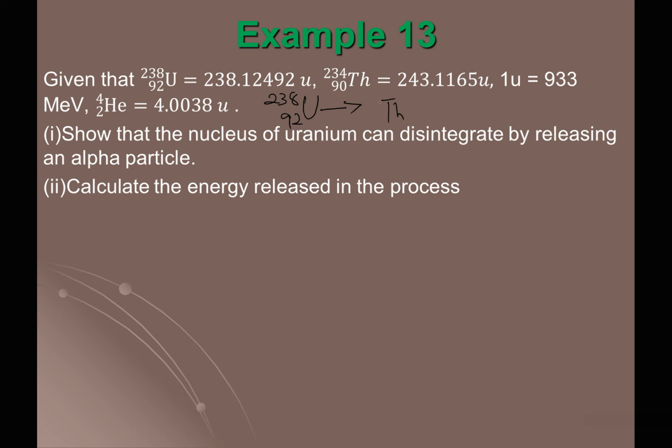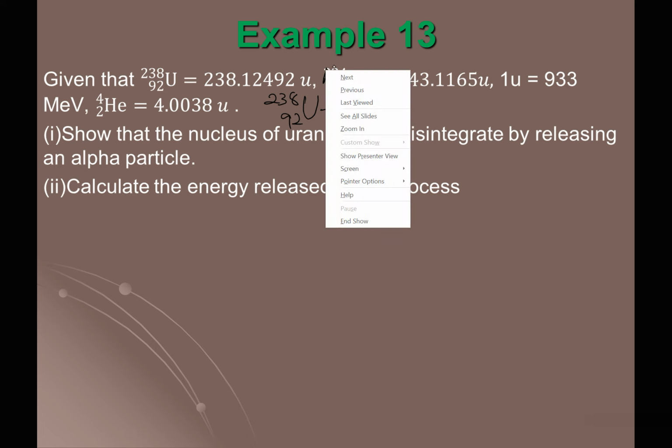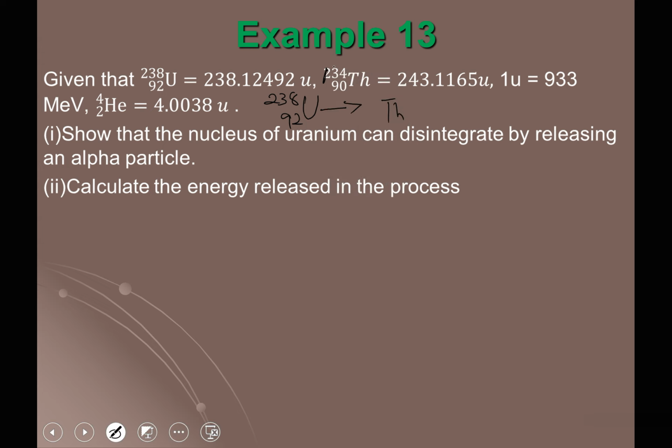They have given us thorium 234, not 230, not 144, 234, 90, then plus an alpha particle, which is a helium nucleus, that is He 4 2.